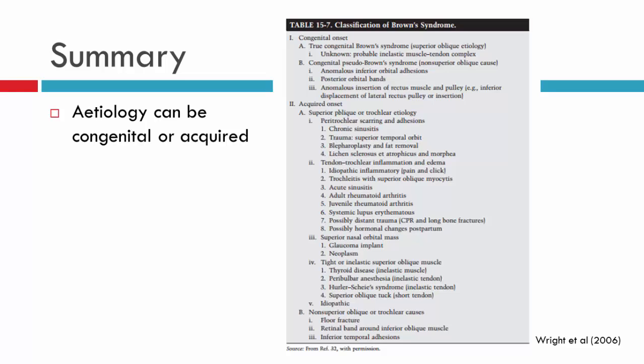We haven't discussed all these conditions, and you don't need to know this list comprehensively. However, it is worth noting that there are a number of conditions, particularly in the acquired setting, that cause or can cause a Brown syndrome.